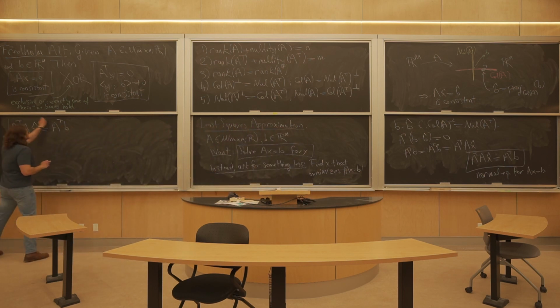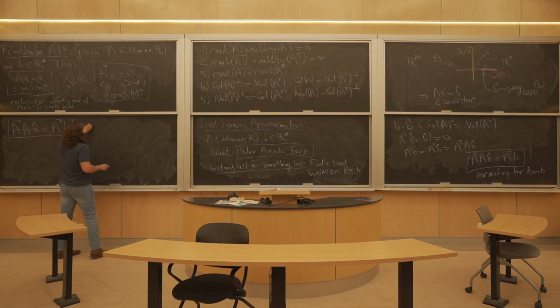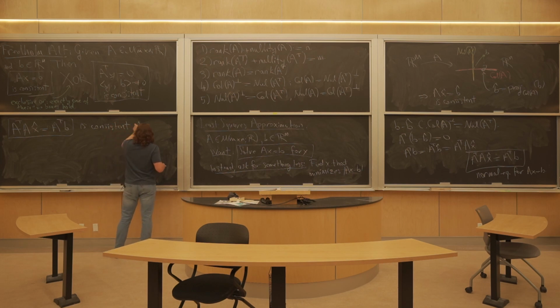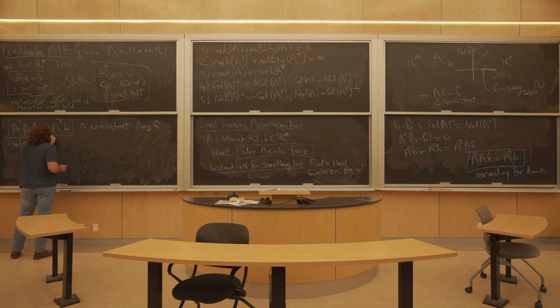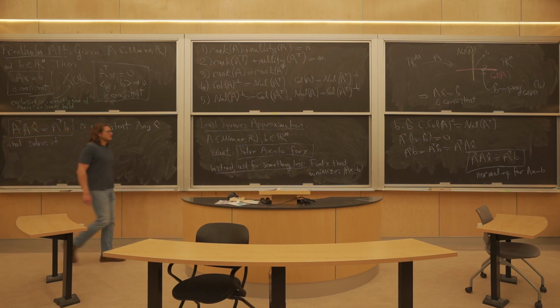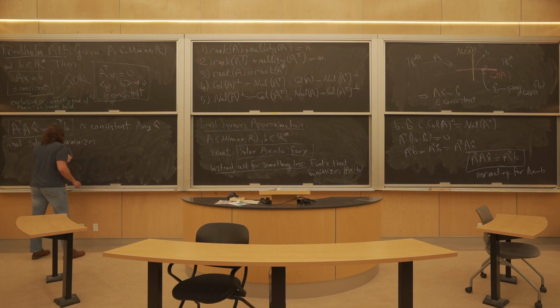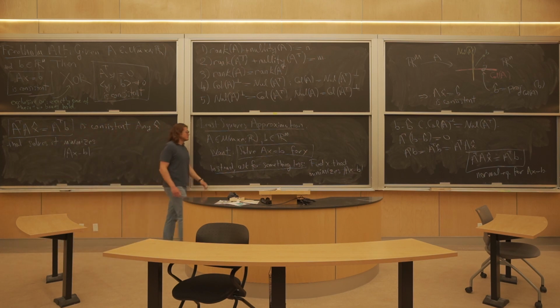This is consistent. Any x hat that solves it minimizes that distance, the norm of AX minus B. So you see, x hat would be the best approximation to a solution to AX equals B.